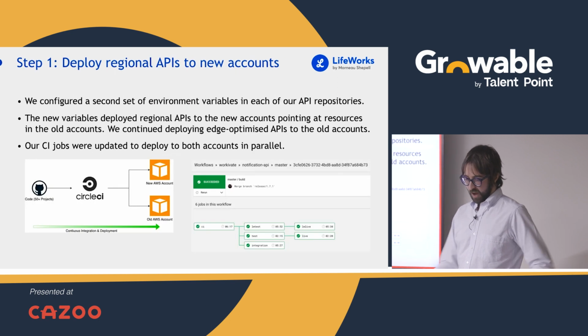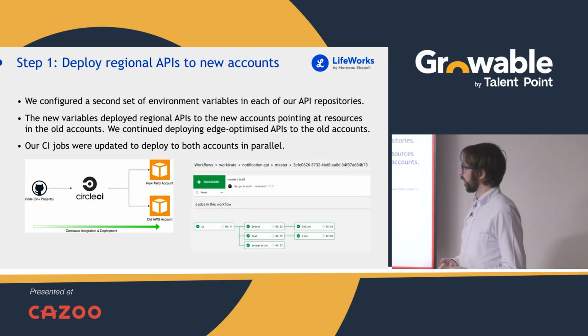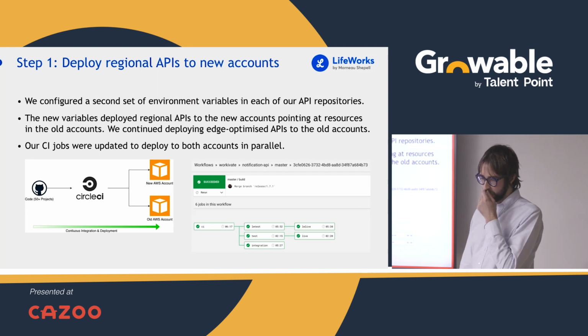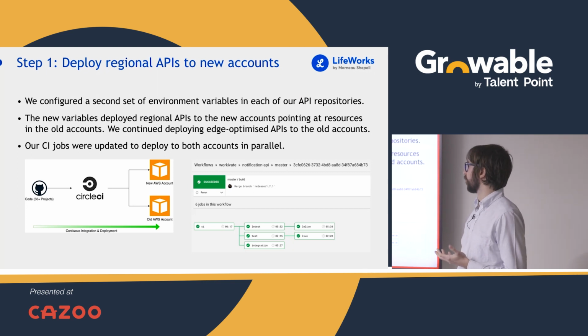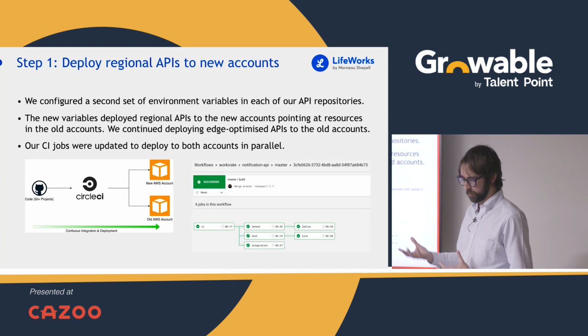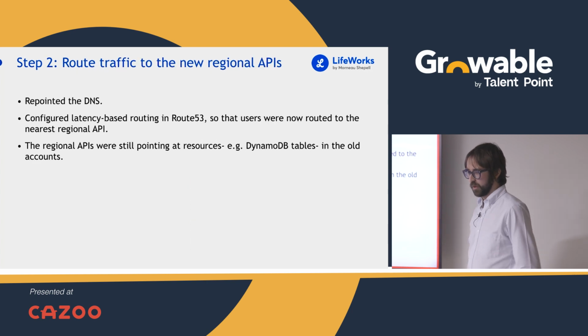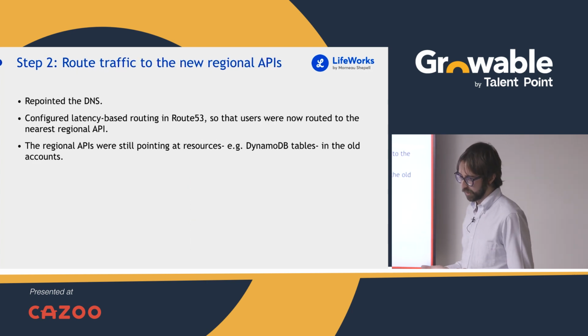I could probably do a talk on just this, to be honest, but a quick overview. We had to start deploying regional APIs to the new accounts at the same time we were deploying edge optimized ones to the old accounts. This just meant that we had APIs in both places. So we updated our CI jobs to do that. Eventually, we then just repointed the DNS.